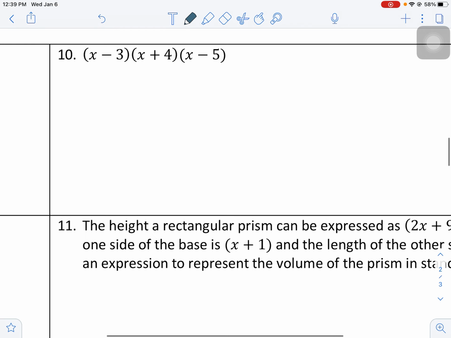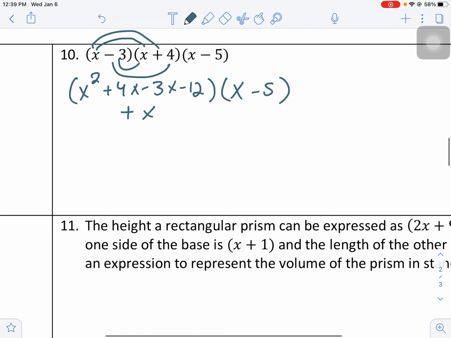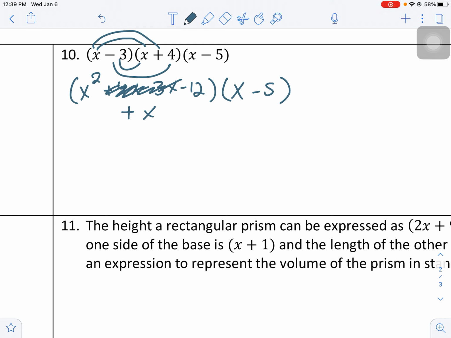This one is very similar, right? I'm just going to multiply the first two together first, so that's x squared plus 4x would be the next multiplication, minus 3x minus 12 times x minus 5. Combine 4x and negative 3x, that's going to give us just positive x here.